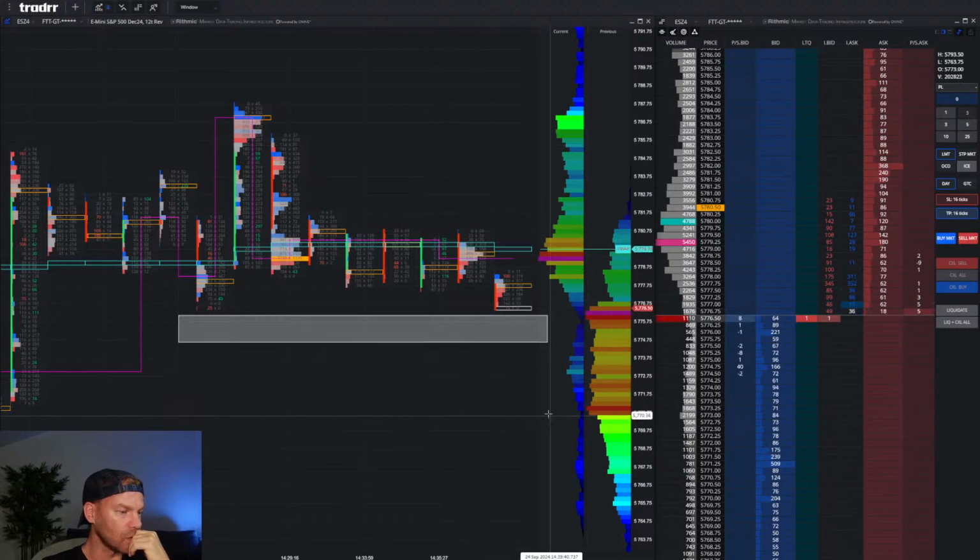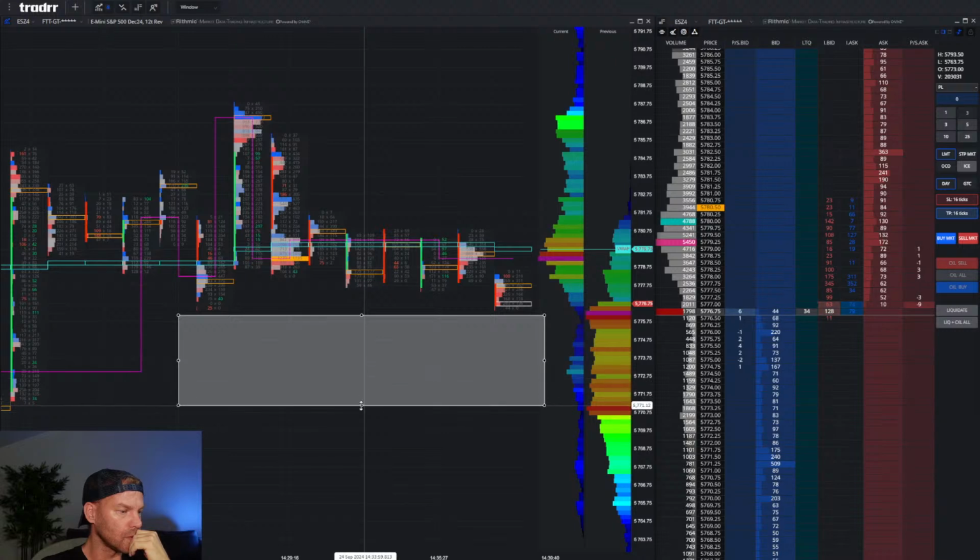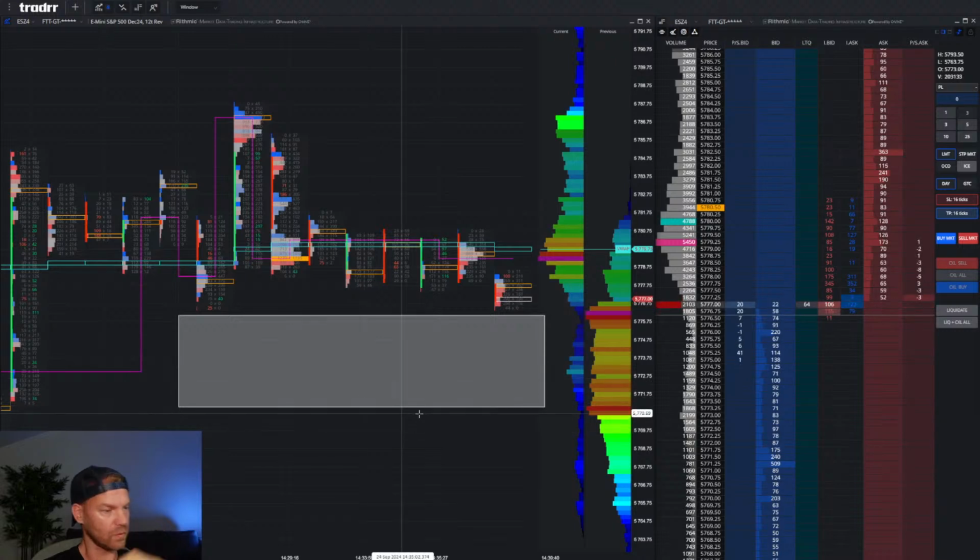It's kind of like this whole zone, right? Pretty much, actually. Like from here to here. High volume from yesterday.